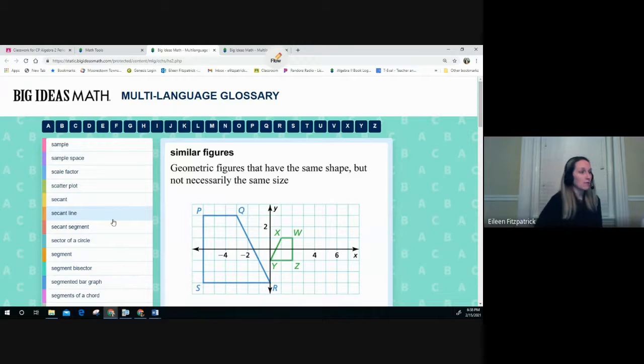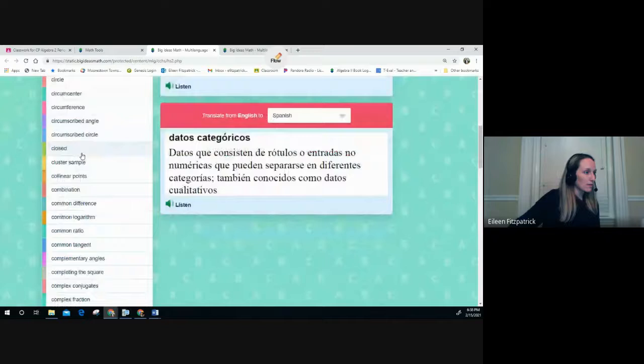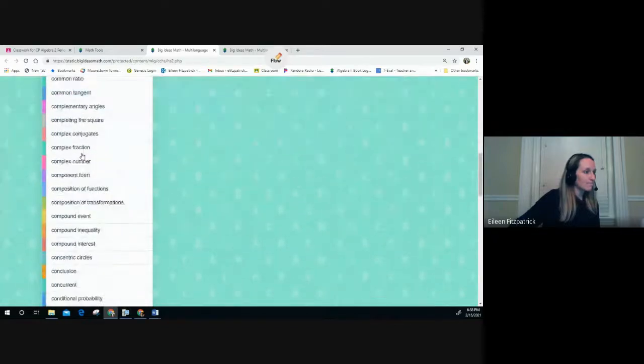All right, so similar figures: geometric figures that have the same shape, but not necessarily the same size. Okay. Corresponding parts. We talked about this one as well in our last lesson.